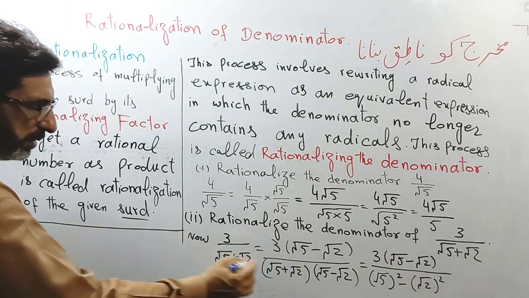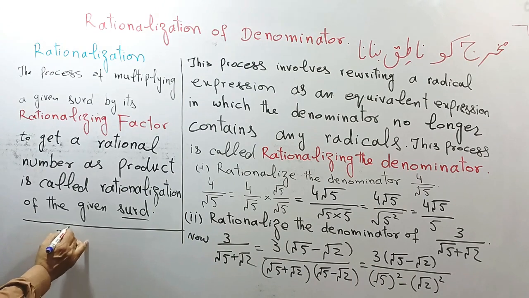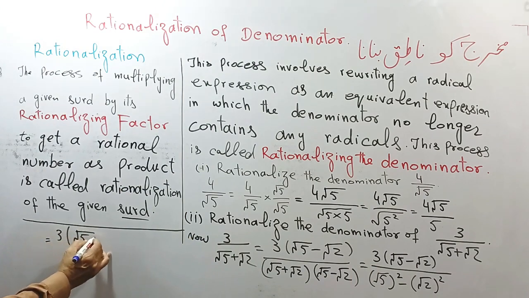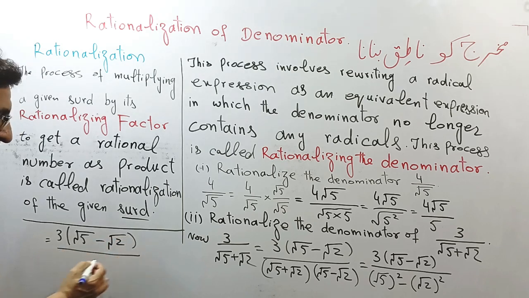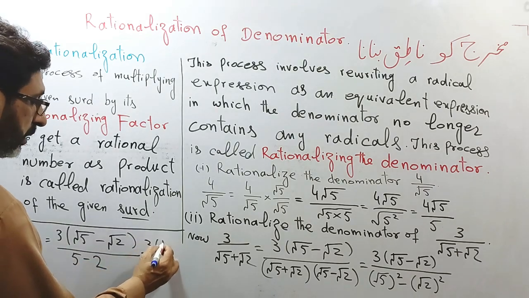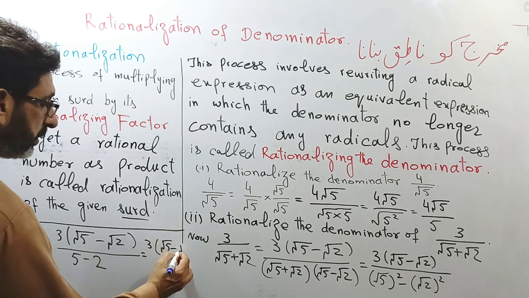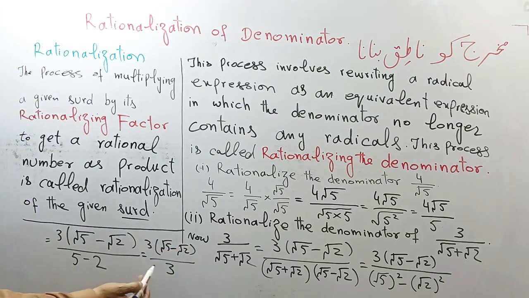Now we write the result here: 3 into square root of 5 minus square root of 2 over 5 minus 2, which is 3 square root of 5 minus square root of 2 over 3, and now this denominator is a rational number.